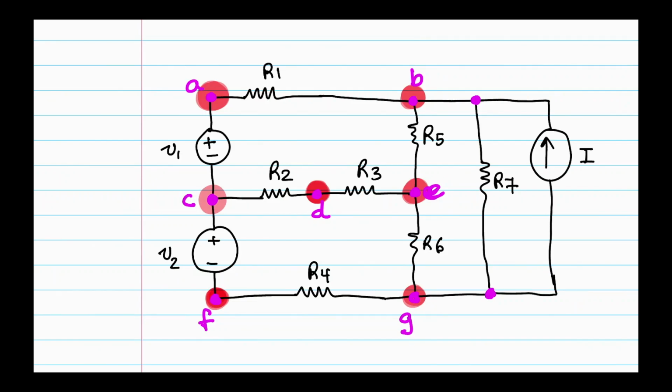Now the branch, this guy, between two nodes, the node A and node C, in between them, that's a branch. So is V2, the path between C and F. So that's a branch as well.